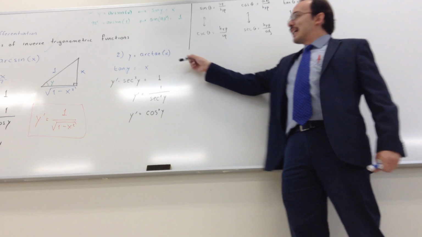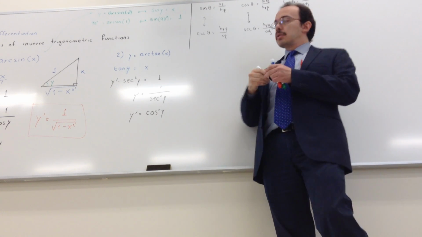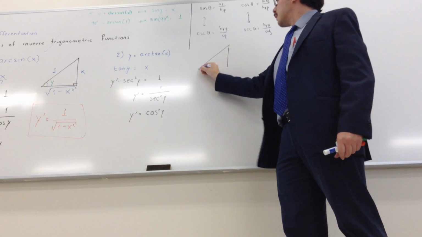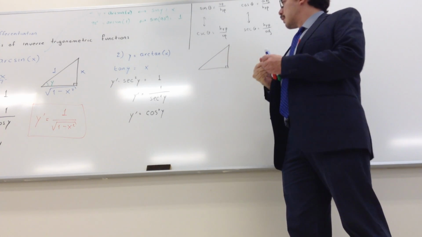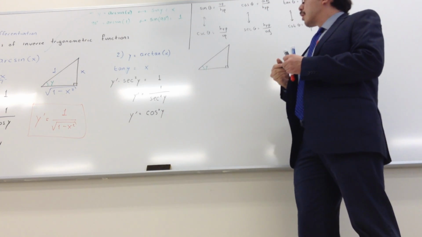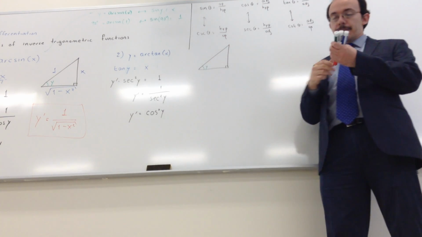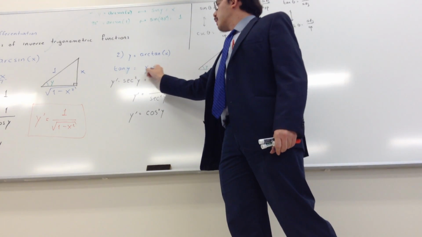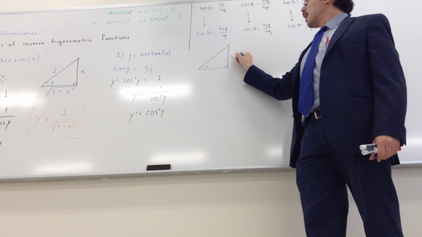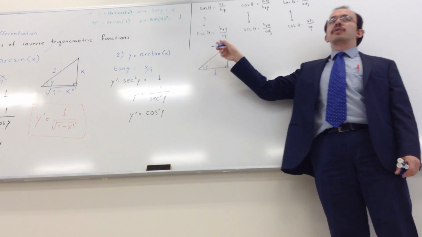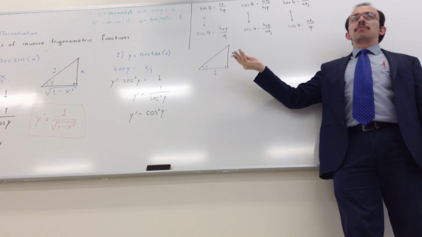Okay? Now, again, we need to build the triangle. But now it's tangent, not sine. This is my angle y, but what do I have? What's tangent? It's going to be opposite over adjacent. So now the hypotenuse is going to be what?